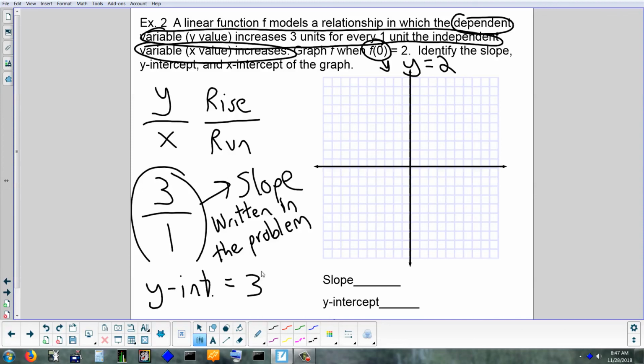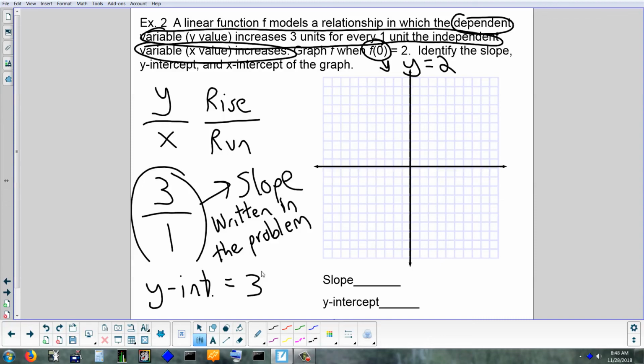All right? So where am I going to start my graph? Somebody tell me. Where do I always start? It's going to be a different number every time, but what? Again, we have two choices because we're doing slope-intercept form, right? We're either going to start at the slope, or we're going to start at the y-intercept.